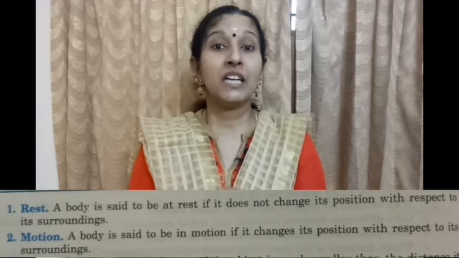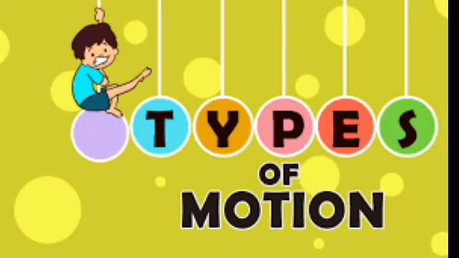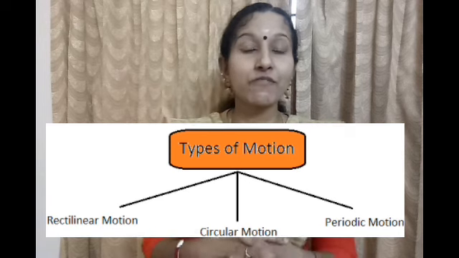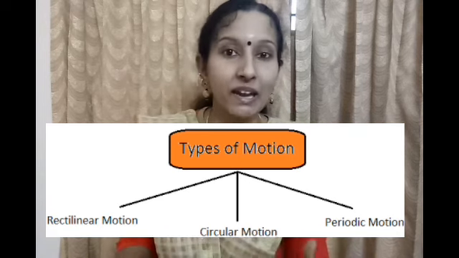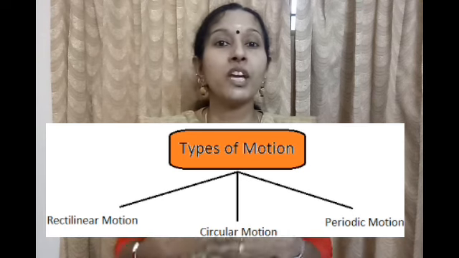You have studied from your previous classes that motions are of different types, like straight line motion, circular motion and periodic motion. Which are the three types of motion? Straight line or rectilinear motion, circular motion and periodic motion.